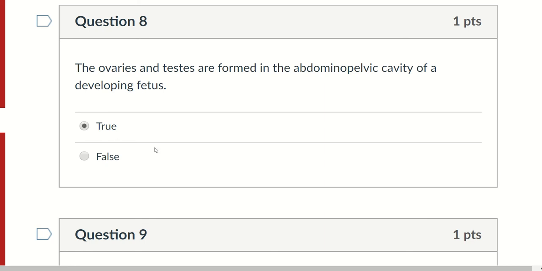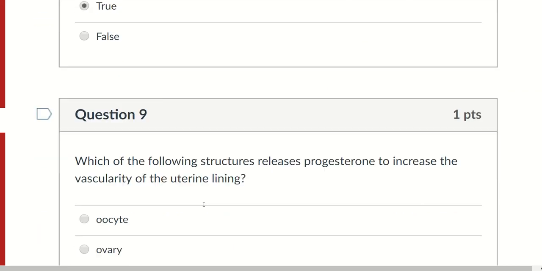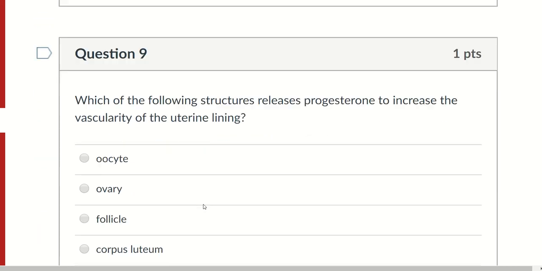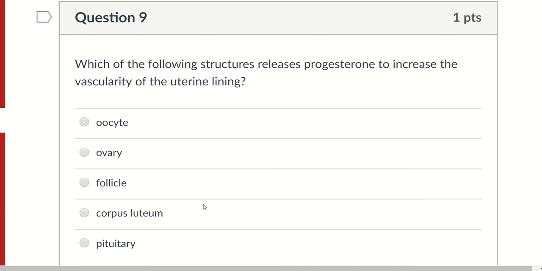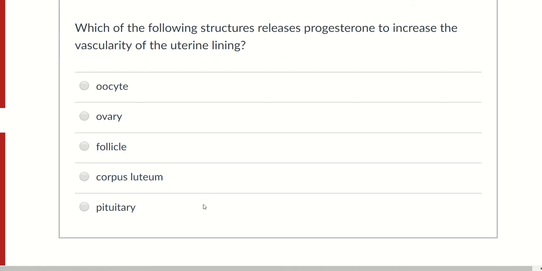True. Everyone agrees? All right. Back row, number 9. Go ahead. Which of the following structures produces progesterone to increase the vascularity of the uterine lining?